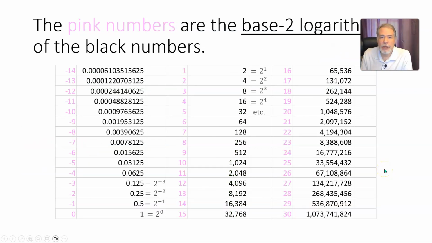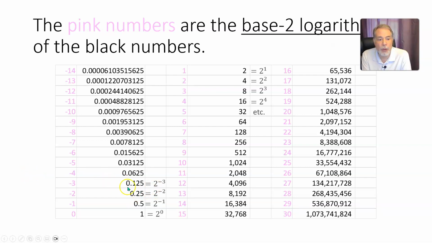Here we're going back to base 2 logarithms. And here I've included some negative logarithms, negative powers of 2. 2 to the 0 power is 1, because any number to the 0 power is 1. It has to be to fit the pattern. 2 to the negative 1 power is 1/2, which in decimal form is 0.5. 2 to the negative 2 power is 1 over 2 to the 2 power, 1 over 4, 1/4, which in decimal form is 0.25. 2 to the negative 3 power is the same as 1 over 2 to the 3rd power.